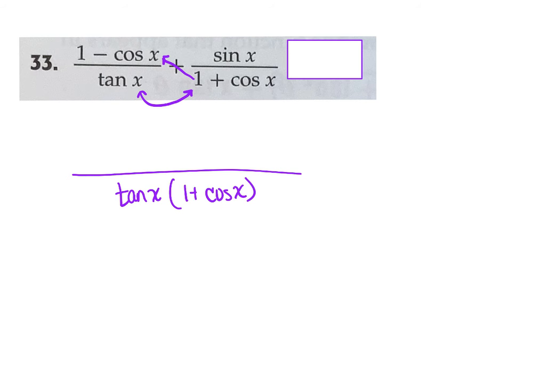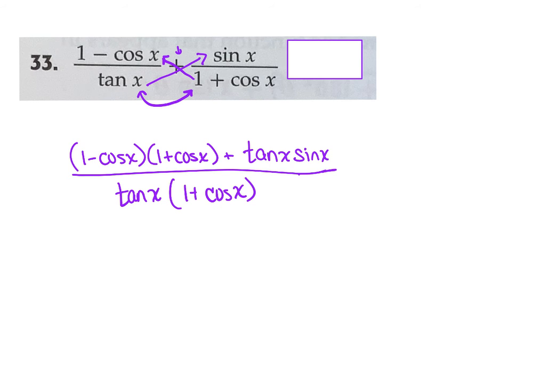These two multiplied, so I'm going to say 1 minus cosine x times 1 plus cosine x. And then plus, because that's what's there, plus. And then I'm going to multiply this across: tangent of x times sine of x, right?